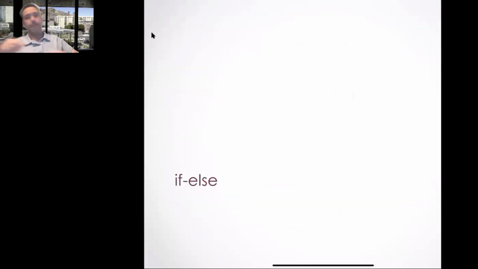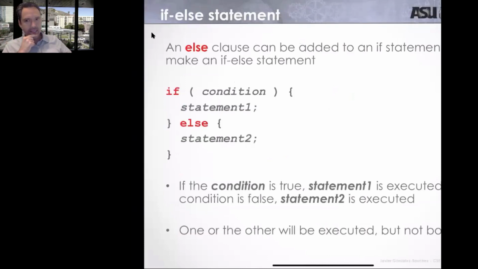Okay, so moving forward to the if-else, continue with the class. Yesterday I introduced this idea of the control structures, in particular, the conditional statement. In particular, we mentioned the if condition and the if-else condition.